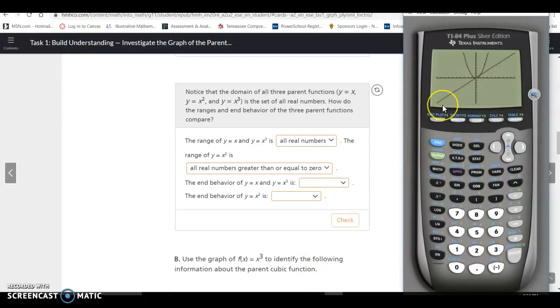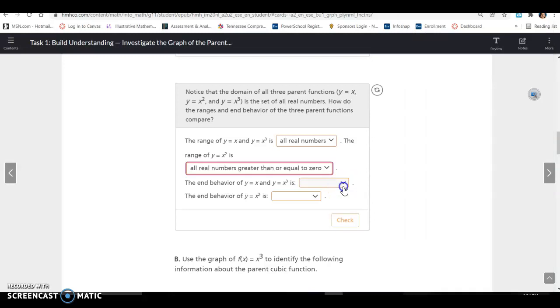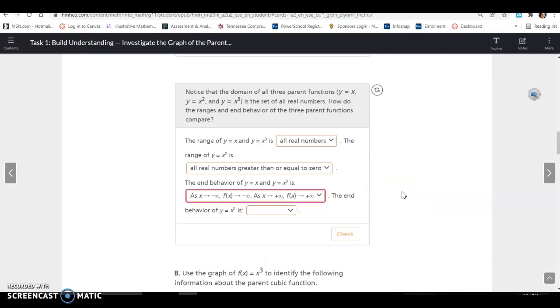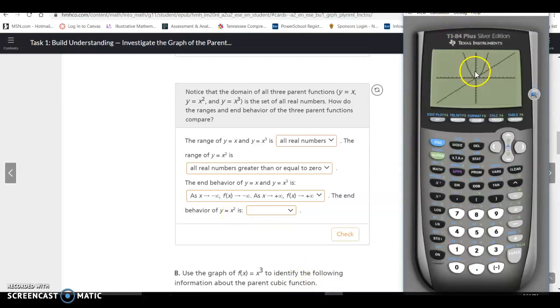So the end behavior of the line: as x goes negative, y goes negative, and as x goes positive, y goes positive. Alright, the end behavior for x squared, the parabola: as x goes negative, y goes positive, and as x goes positive, y goes positive.